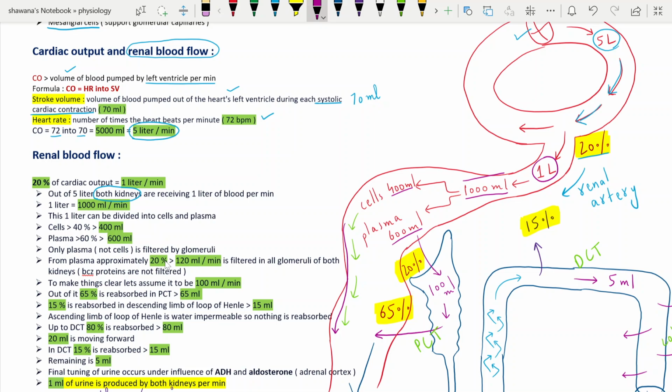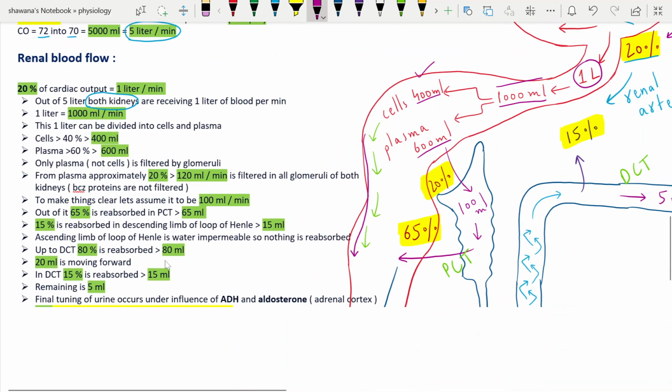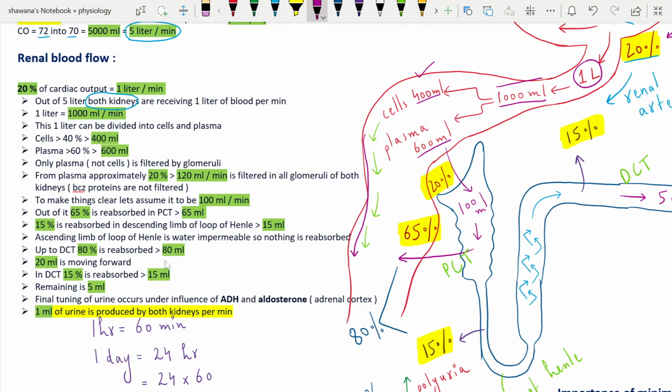So let's revise. From 5 liters, 20% goes to the renal artery. It is 1 liter, so 1000 ml, and 400 ml of the 1000 are not filtered, they just pass through. 600 are in consideration. From the 600 ml, because plasma also contains proteins, 20% is filtered. What is 20% of 600?